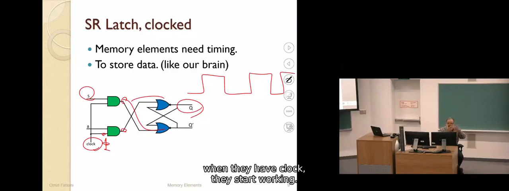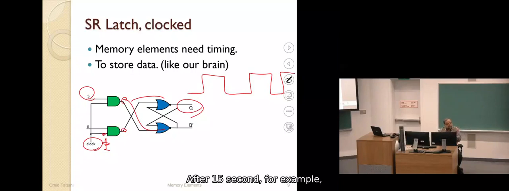So when they have a clock, they start working, and then we remove the clock. They are still working, but the state doesn't change. They are working inside. And then when everything is ready, after 15 nanoseconds, for example, we bring the next clock. So at the next clock, everything was ready.